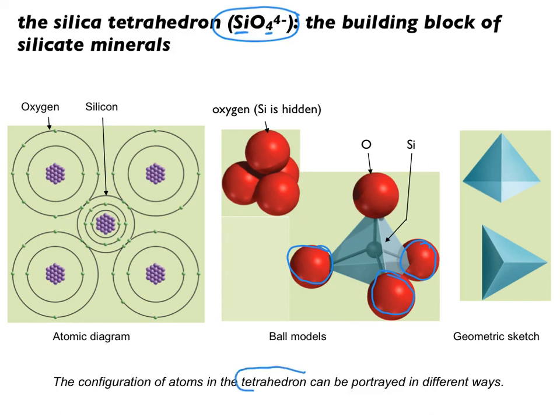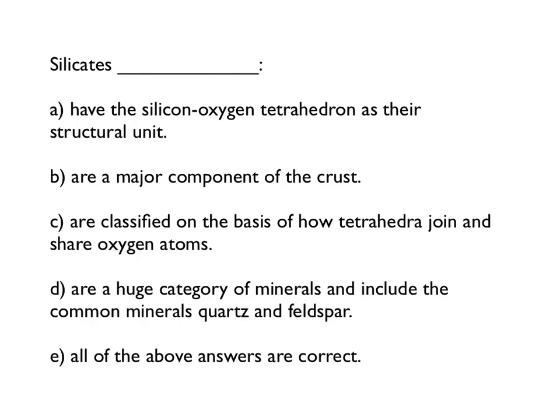That's what we call this form. And then you've got to nestle your little positively charged silicon cation in there, and then stick another oxygen on top, and what you end up creating is a form that looks like a little pyramid. Those pyramids, the silica tetrahedra, form the building blocks of all silicate minerals.